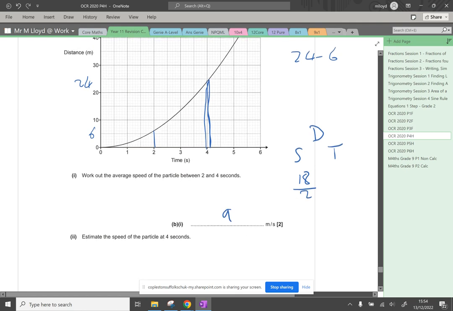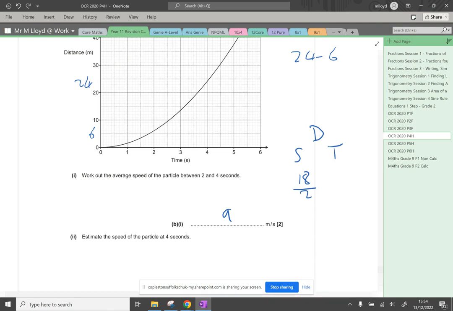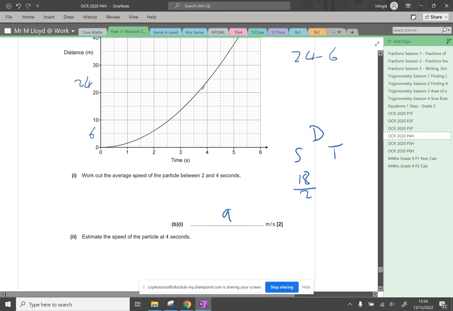Estimate the speed of the particle at 4 seconds. Let me see if I was to draw a little tangent across. Like so.